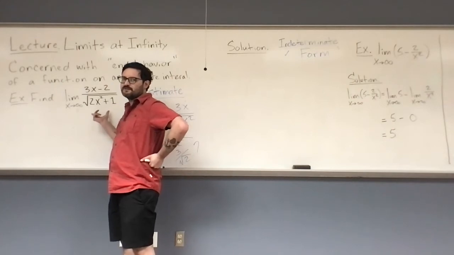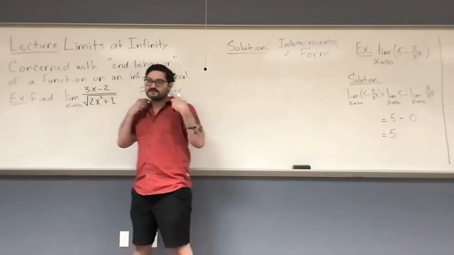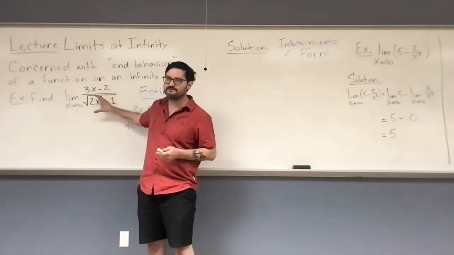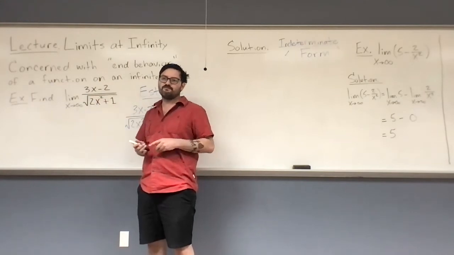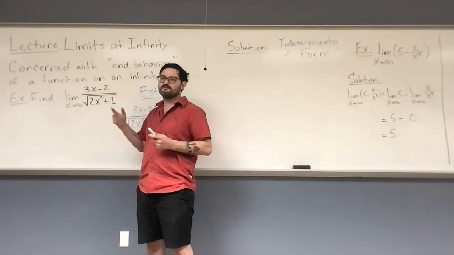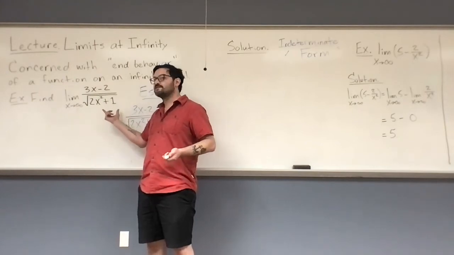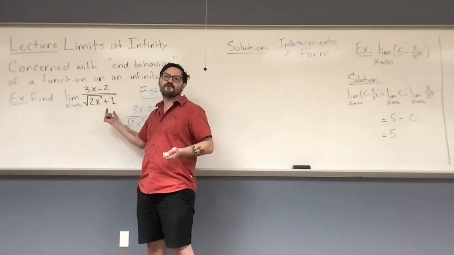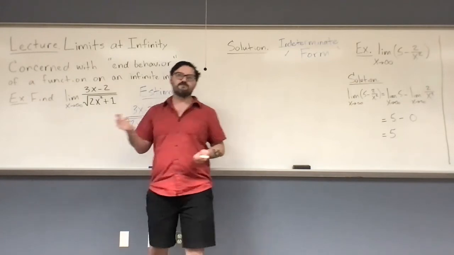So we have to multiply by something. We've got to get rid of that x squared, right? We need to make that a constant divided by something. So we have to choose something to multiply that will go into that square root. We can't just multiply by a number. We have to multiply by 1 over x or something, possibly 1 over square root of x. And you'll see what I mean in a moment.